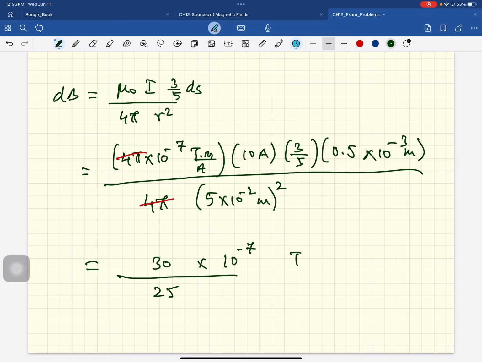And then there was the 3/5 there. No, I took care of that. That's 5 times 10 to the minus 4. The 10 to the minus 4 cancels. This 5 cancels with that. And 30. I hope I did everything right. And so that is 1.2 into 10 to the minus 7 Tesla.